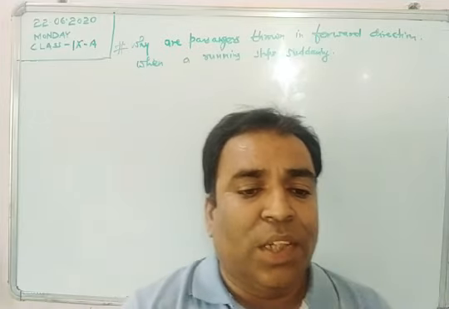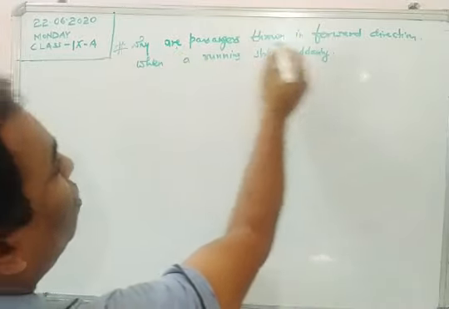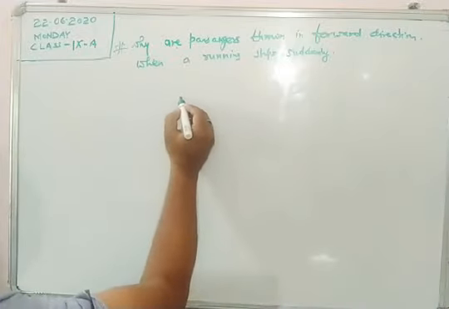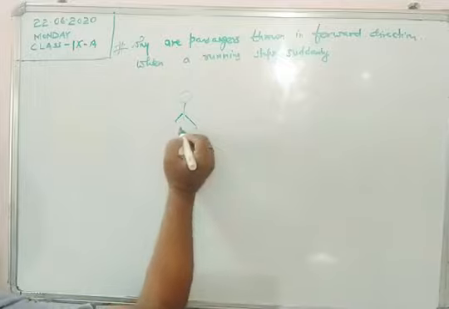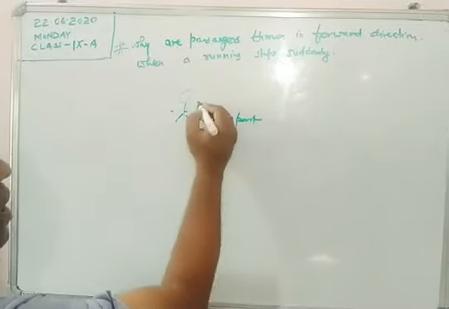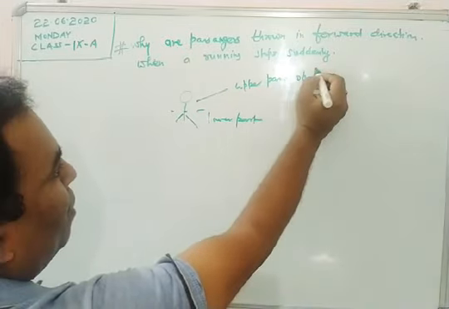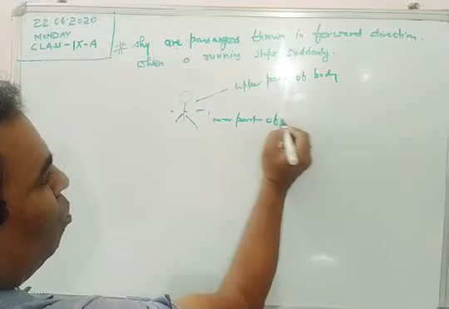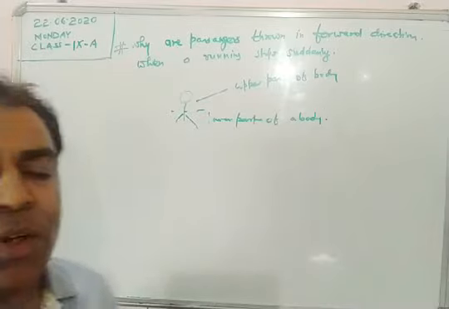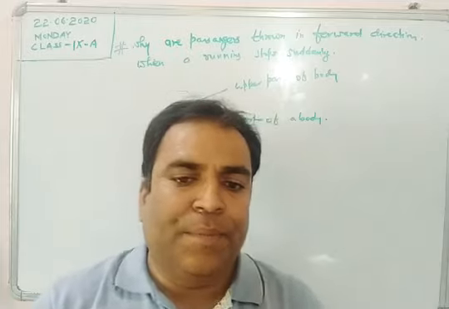Are you getting it, students? Suppose that one person is sitting, so this is the lower part of the body and this is the upper part of the body. These are the two distinct portions of the human body.